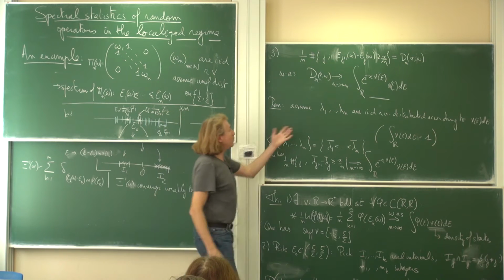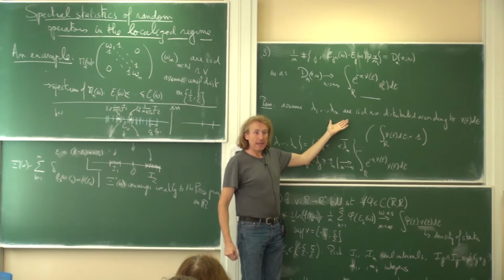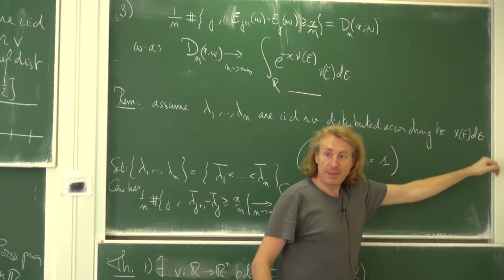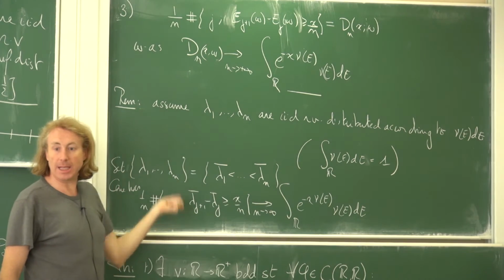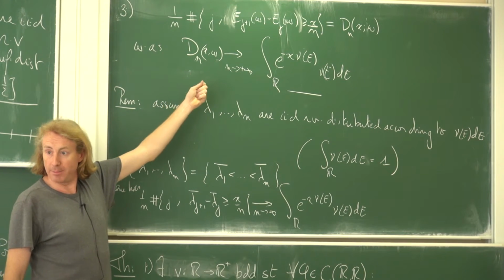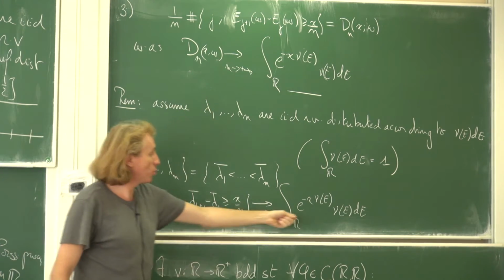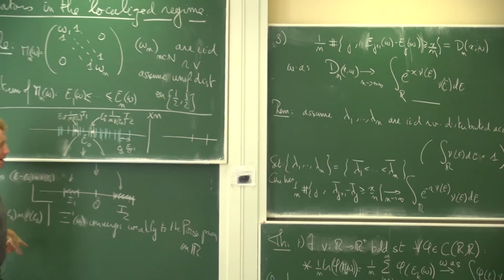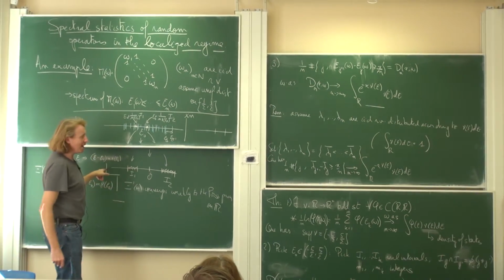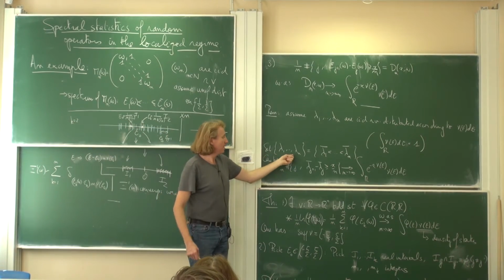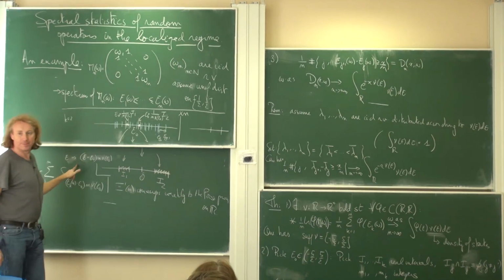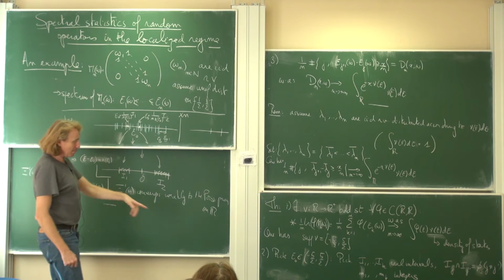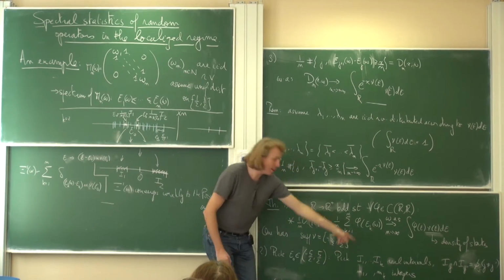That is, if you take IID random variables distributed according to nu of E dE, and you do the same spacing computation as for the eigenvalues of your random Schrödinger operator, they converge to the same limit. I do the same renormalization, and I compute the same probability as here, the limit is the same.